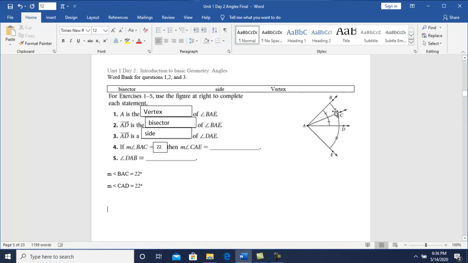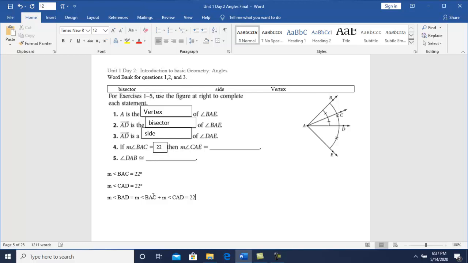This top half right here, if I add the two angles 22 and 22 together, I get BAD. That has to equal the measurement of angle BAC plus the measurement of angle CAD.